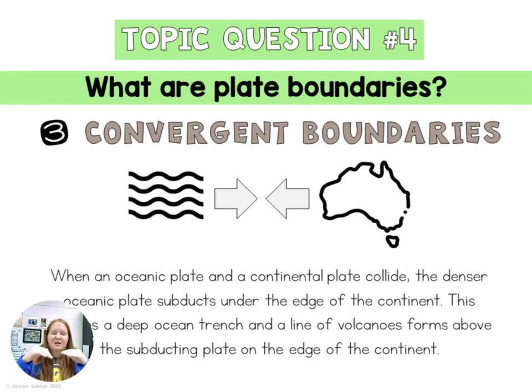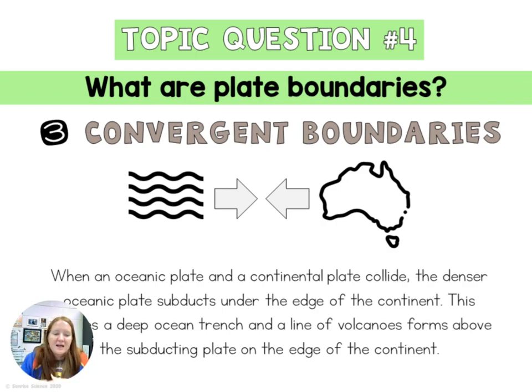The trench is formed because that plate is getting pulled underneath it, and it ends up creating a deep V where the subducting plate is getting pulled underneath it. So that's why subduction zones are always going to create volcanoes, and they will always create trenches.